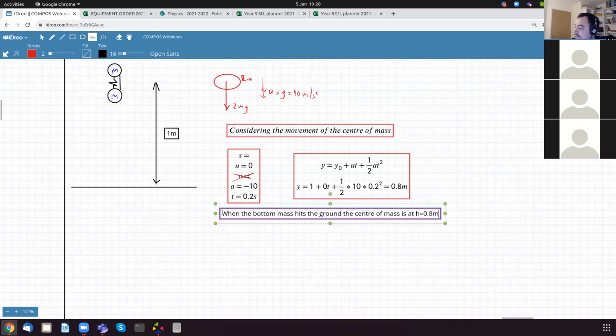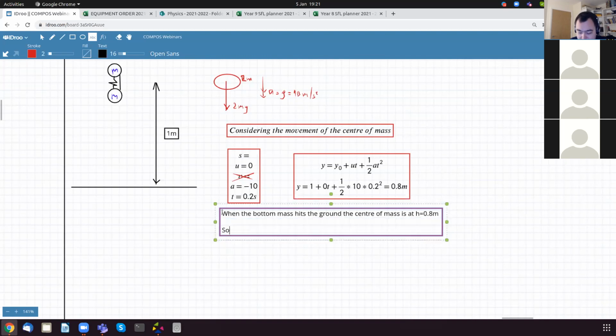So where is the second mass? Can somebody tell me? It should be intuitively easy to tell. Exactly. It has to be 1.6 meters. So the top mass has to be at h equals 1.6 meters.